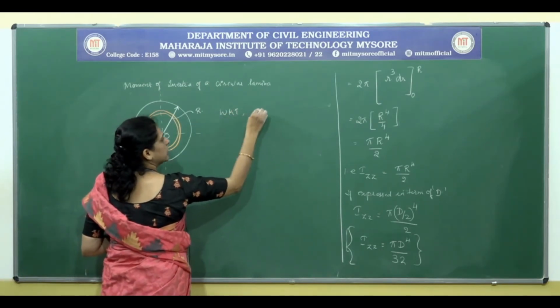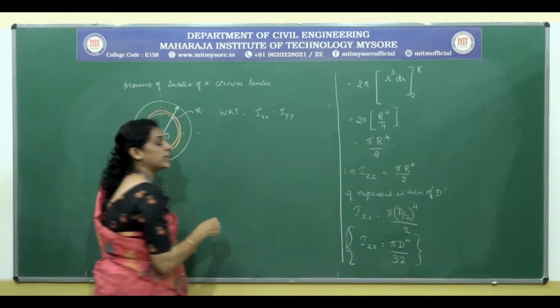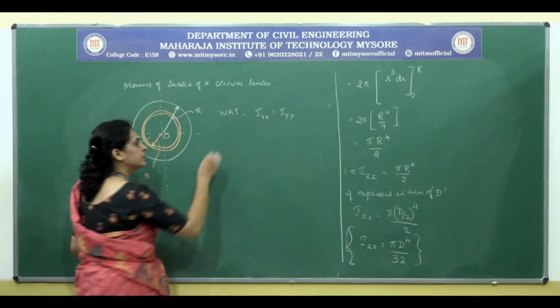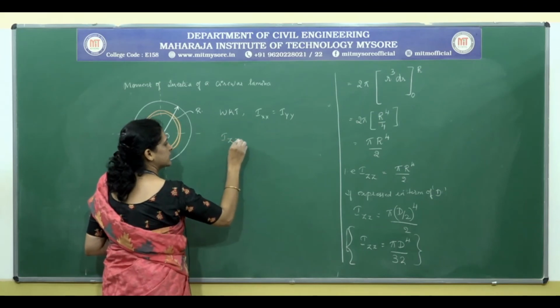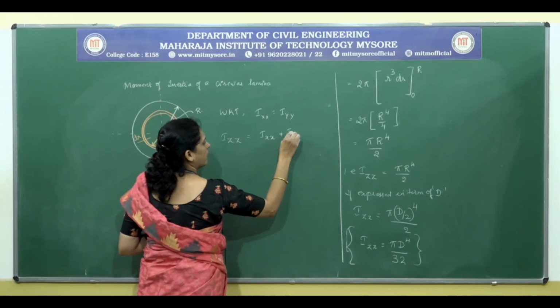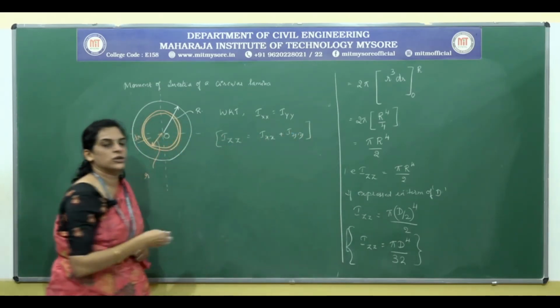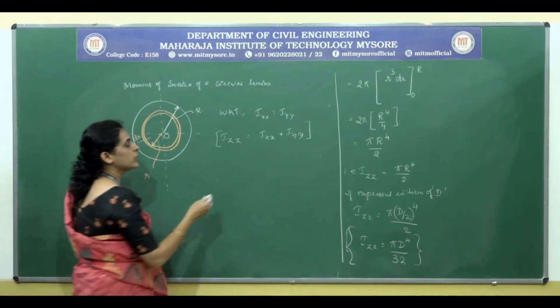We know that Ixx is equal to Iyy for a circular lamina. Then Izz is equal to Ixx plus Iyy as per the definition of polar moment of inertia.